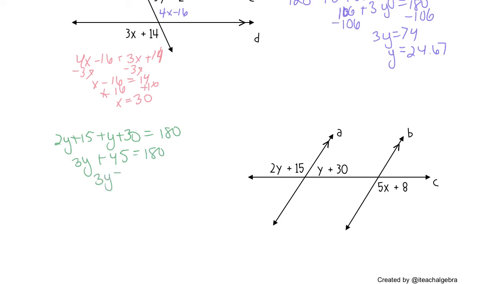That means 3y, if we subtract 45, 3y is 135. Divide by 3, and y is 45.